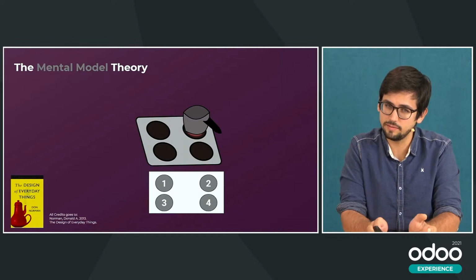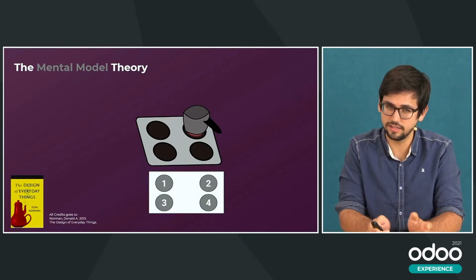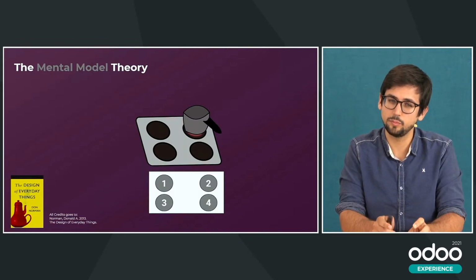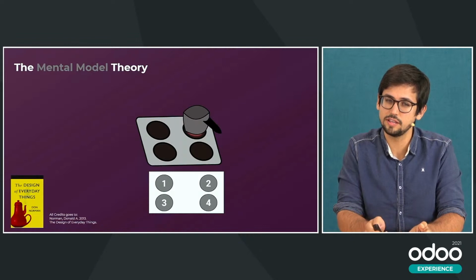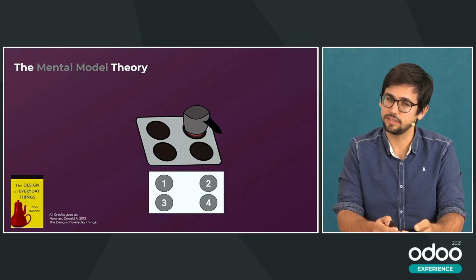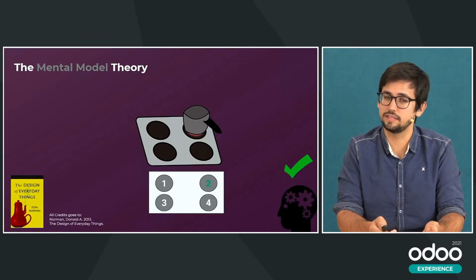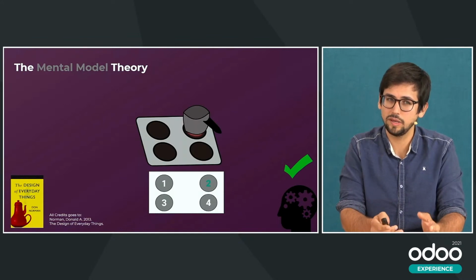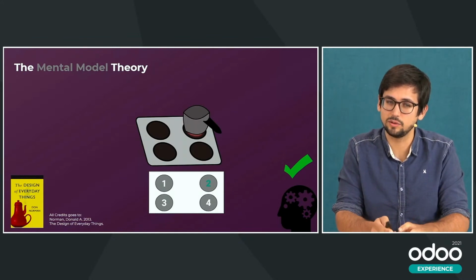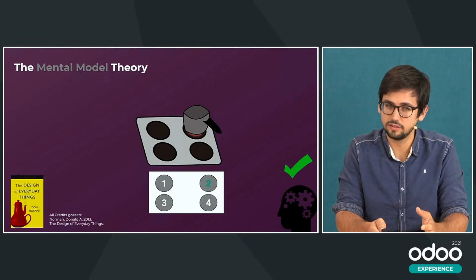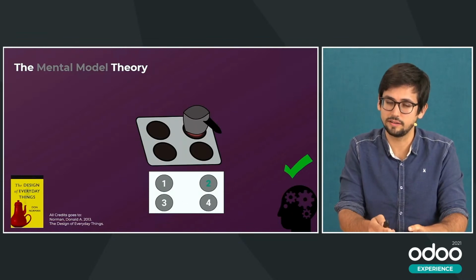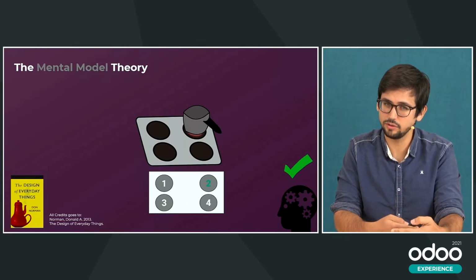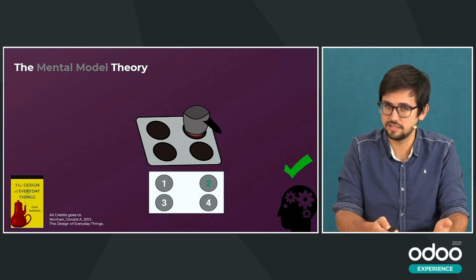You see it's the same knobs, the same burners, everything is the same, except that we put the buttons in a different order. Straight away, I think that everyone can agree that it's obvious that it's number 2. Why? Because the mapping has been made in a way that's intuitive, right? The controls and the burners are positioned in the same way, and so you can easily see, all right, this is the knob I need to push.